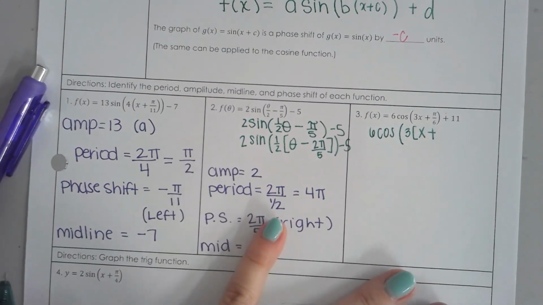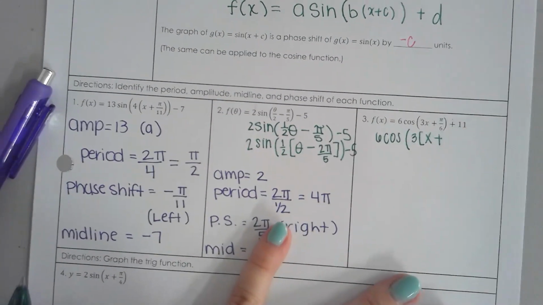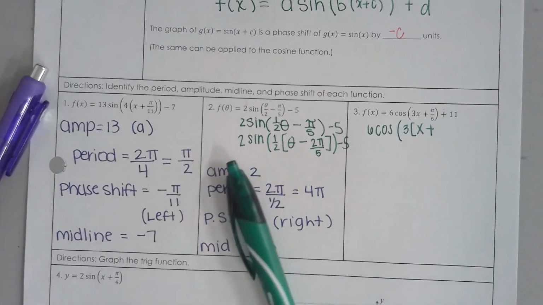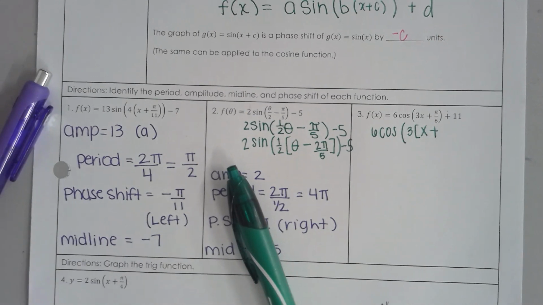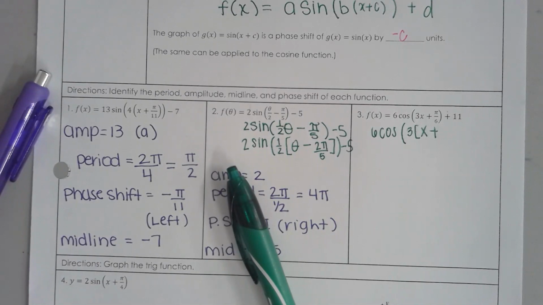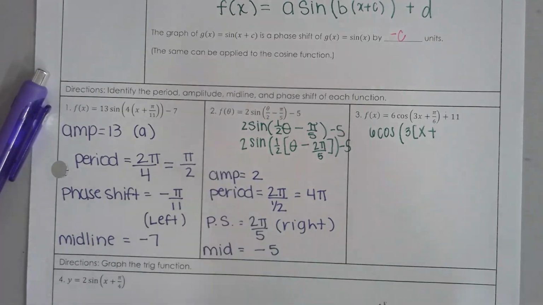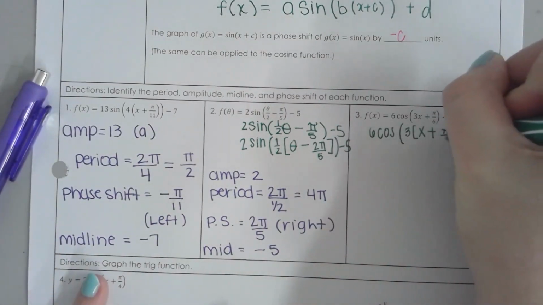So 1/6 divided by 3, change, flip, it's the same thing as multiplying by 1/3. Same thing as if it was 1/6 divided by 1/3, that would be the same thing as multiplying by 3. So this would be pi over 18.